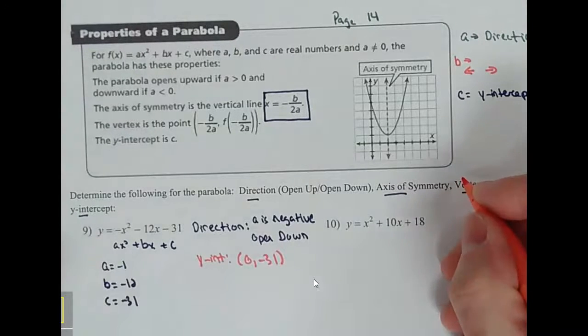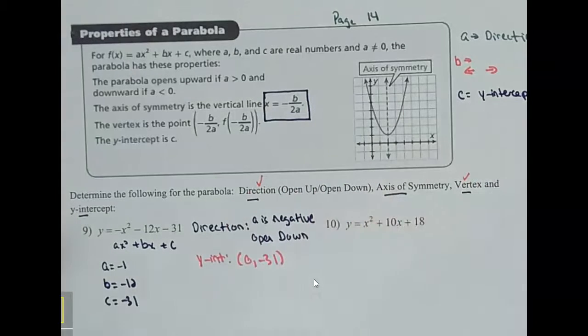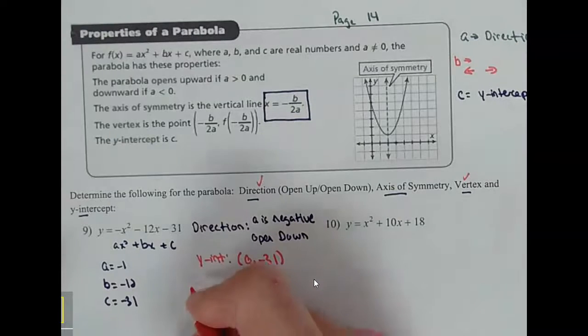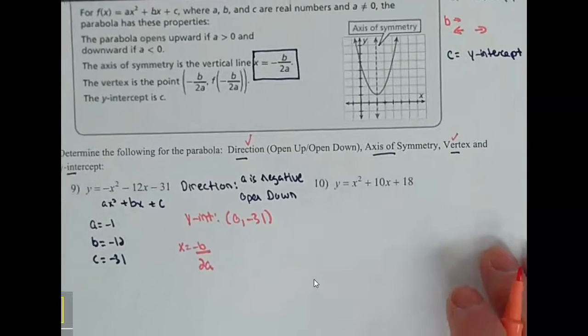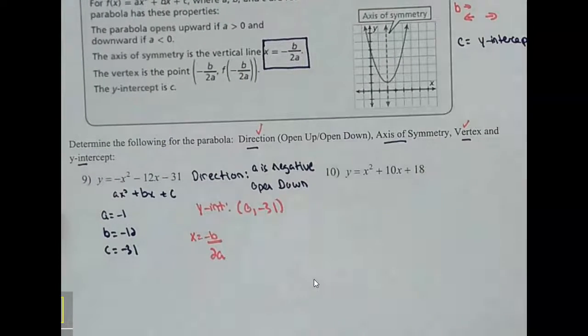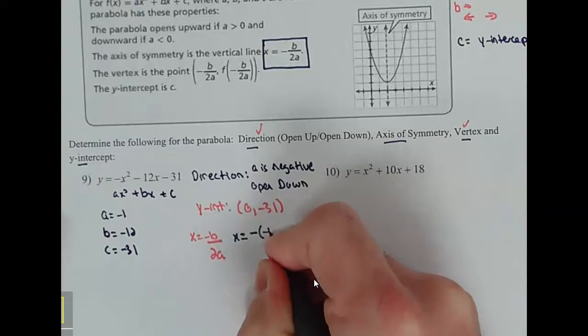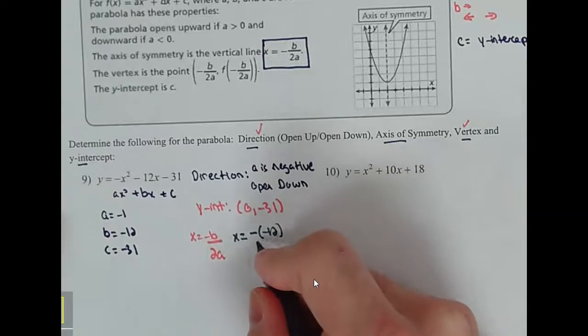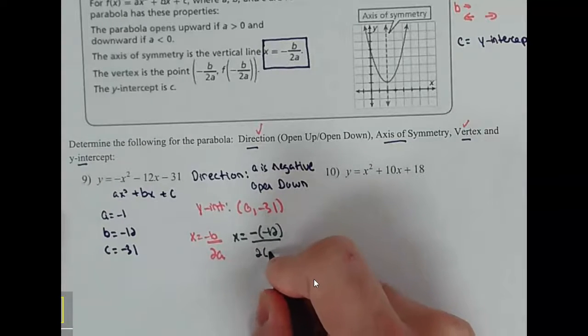So we've done the y-intercept and we've done direction. Now we just have to focus on the axis of symmetry. The axis of symmetry is x equals negative b over 2a. In this situation, we identified b to be negative 12. So x equals negative of negative 12 over 2 times a, 2 times negative 1.